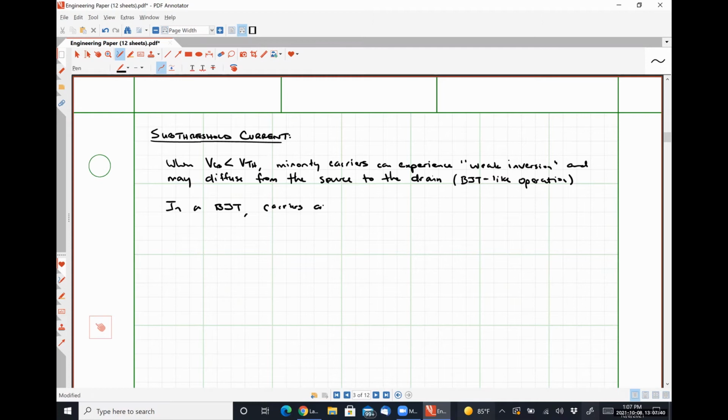Carriers are emitted by the emitter, diffuse across the base, and are collected at the collector.